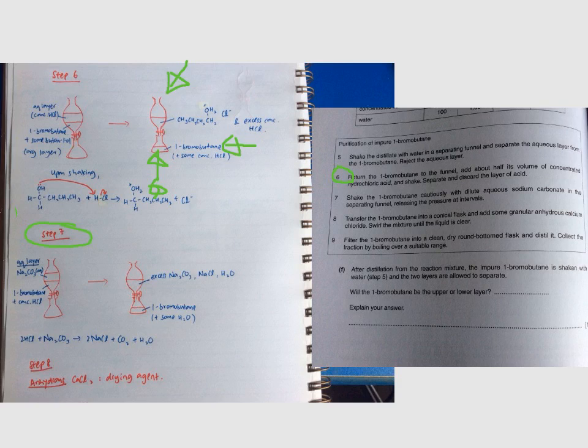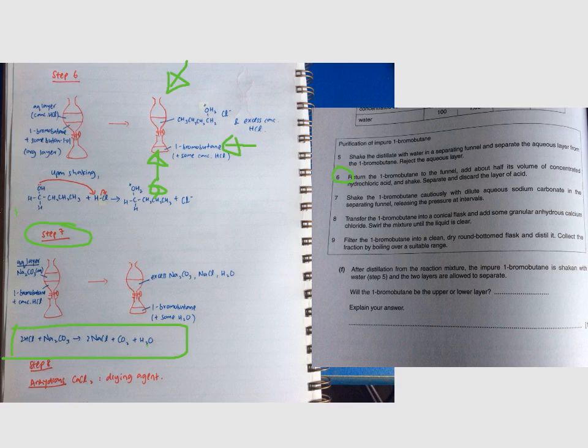Then you will pour in sodium carbonate as well, and this reaction will take place. Sodium carbonate will react with your HCl to give you sodium chloride, carbon dioxide gas, and water. Sodium chloride and water will definitely be in the aqueous layer, whereas your 1-bromobutane will remain in the organic layer.